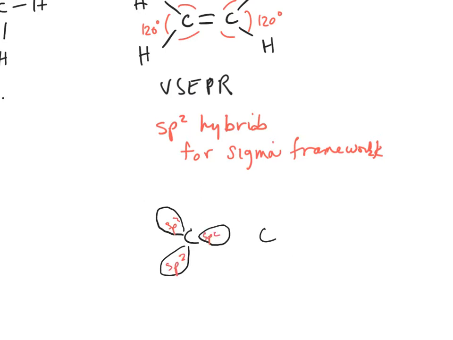Then there is a second set for this carbon. Then you can put the hydrogens in. You can call them s orbitals, or you can label them H for hydrogen. This is your sigma framework.